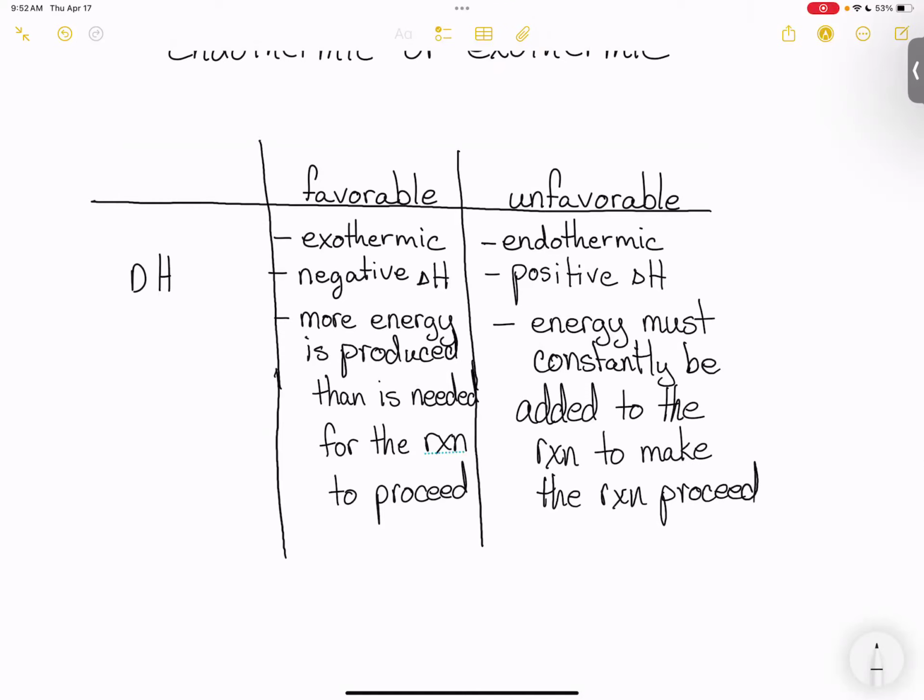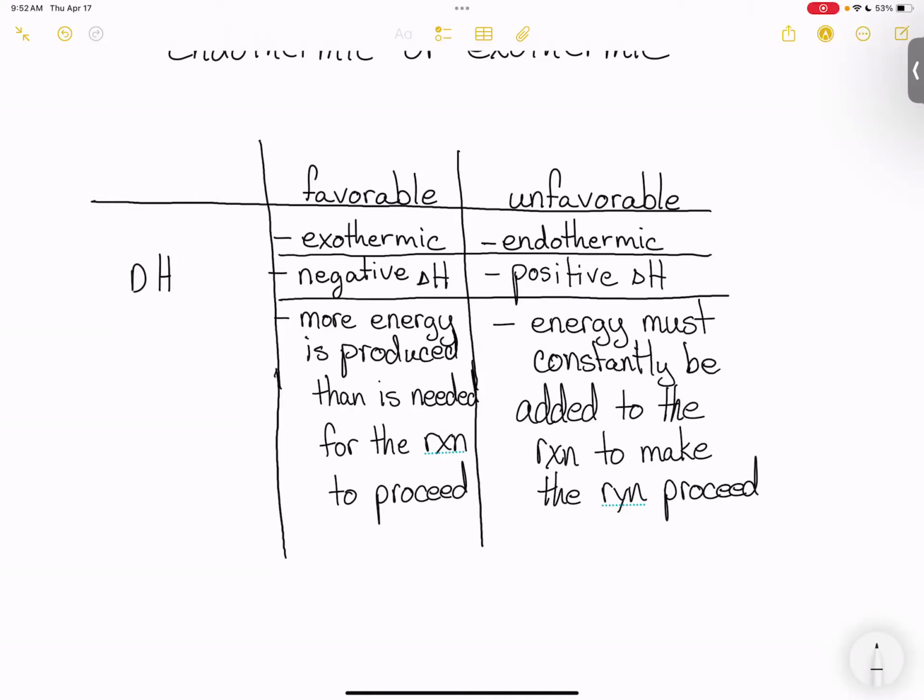Let me go back to my fireworks example. Fireworks, my firecracker is an exothermic process. I gotta give it a light, but once it gets that light, it goes.